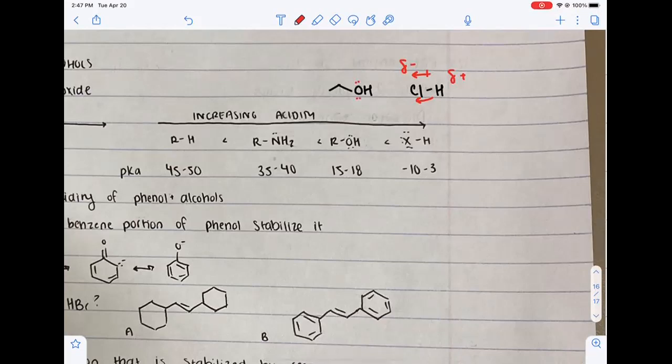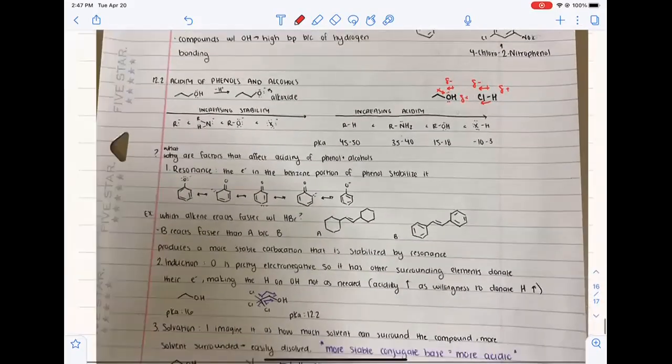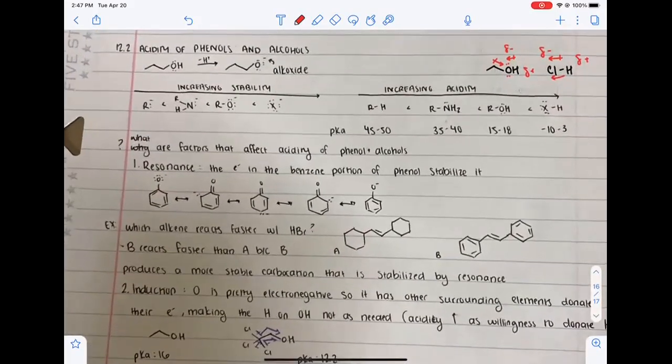Whereas this oxygen is able to pull the electrons from that bond from the hydrogen, but also there are carbons here that are donating electrons as well. So this is going to be less partially negative compared to the chlorine and hydrogen. So yeah, that's pretty much that.